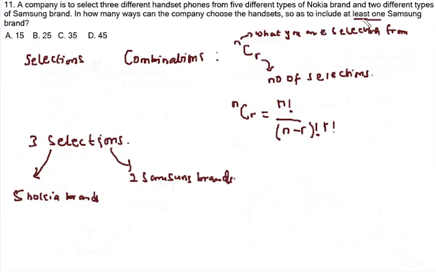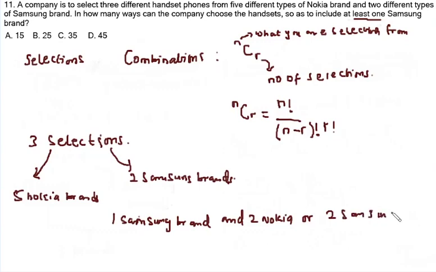So that would mean that if you have to pick at least one Samsung brand for 3 selections, that would mean that either we pick one Samsung brand and 2 Nokia, or we might pick 2 Samsung brands and 1 Nokia.